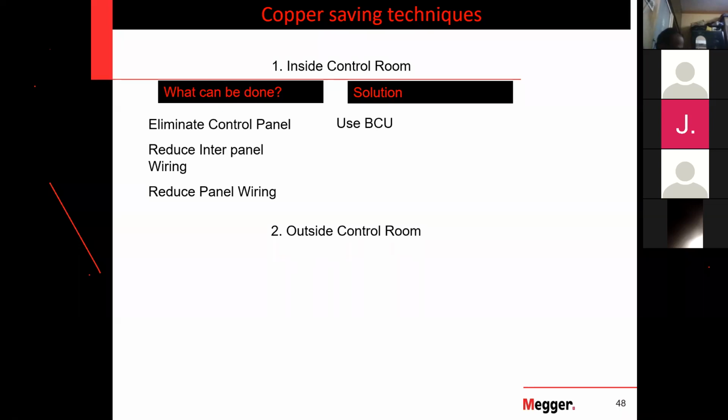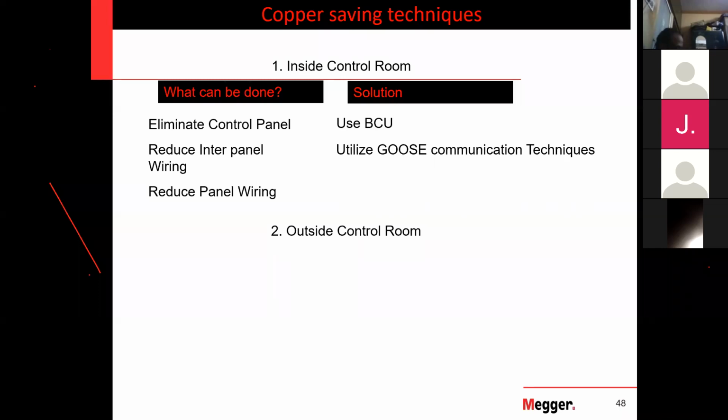The next one is reduce inter-panel wiring. Inter-panel wiring can be eliminated using GOOSE communication techniques. So what are GOOSE communication techniques? We will discuss in the coming slides.